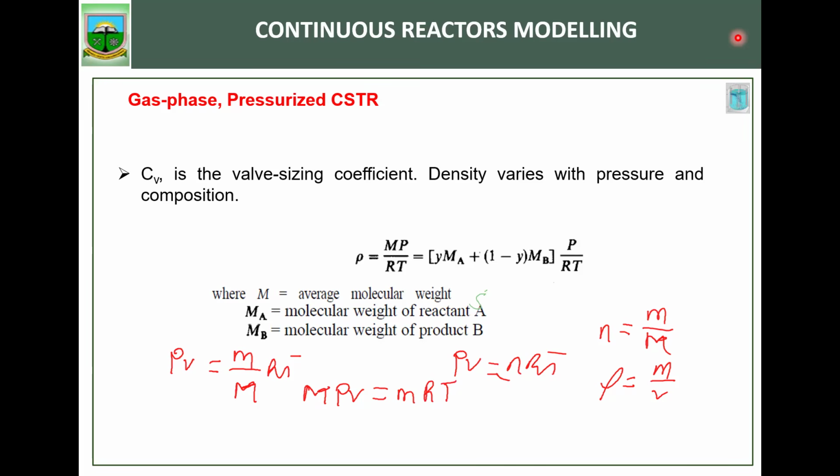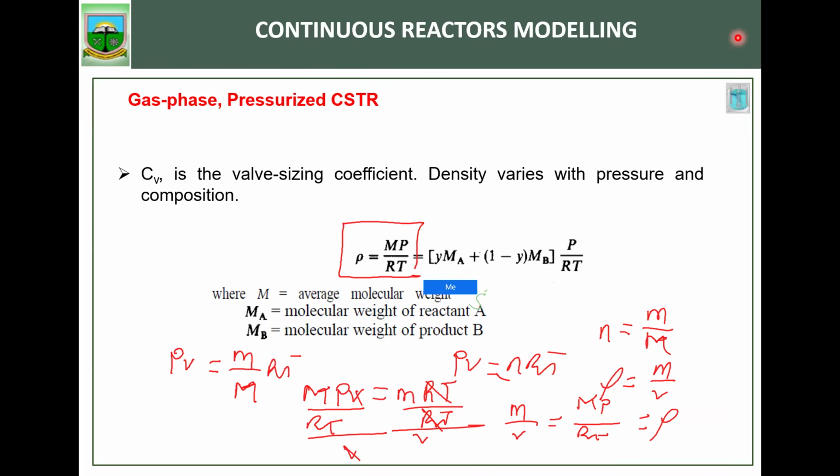You can divide through by RT, and then you can also divide by V. When you divide through by V, you cancel this, and you now have M on V, which is equal to molar mass times P over RT, which is equal to rho. You get it? So that's why rho is equal to the molar mass times pressure over RT.